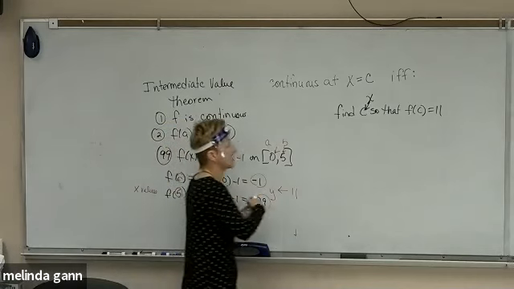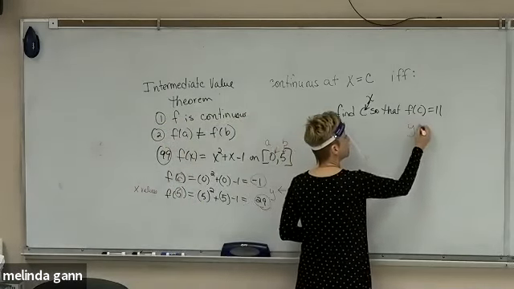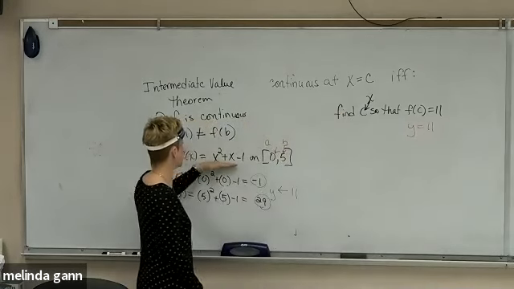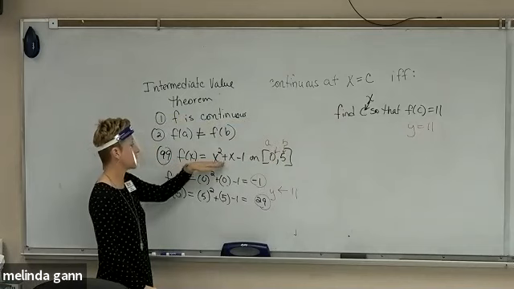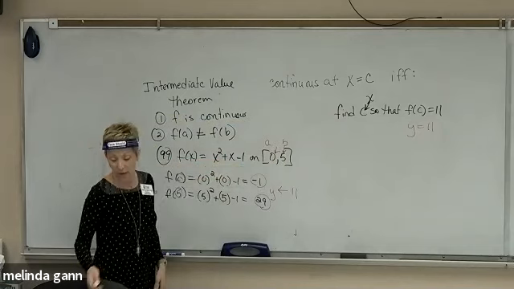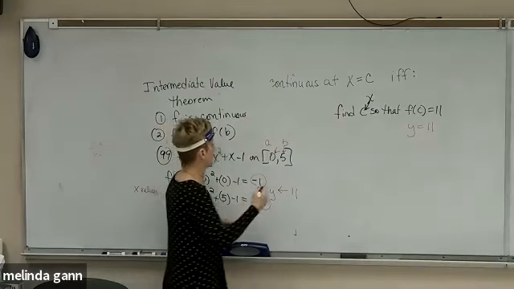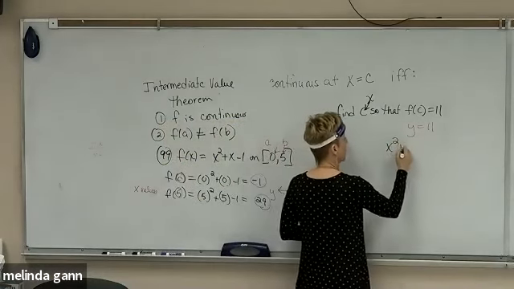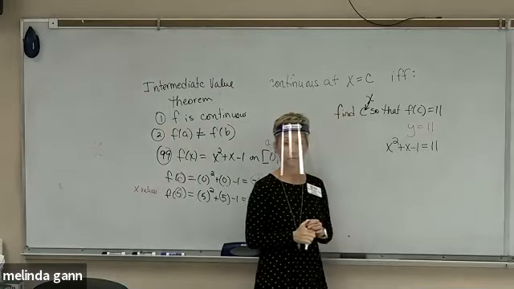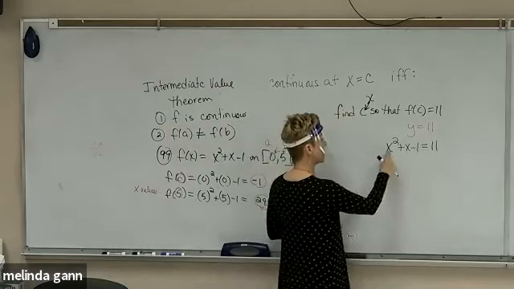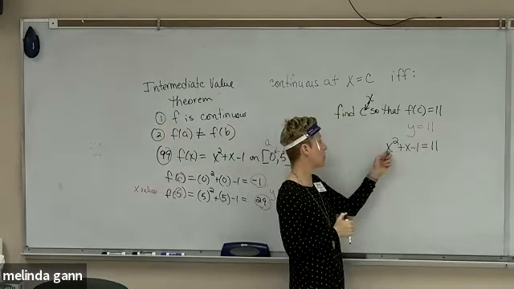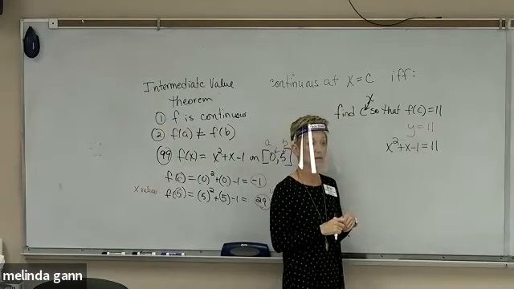In other words, I need to know when the y value is 11. How do you get the y value? The y value is x squared plus x minus 1. So when is x squared plus x minus 1 equal to 11? Well, that's a quadratic equation. That can be on your test on Thursday. How do we solve quadratic equations?